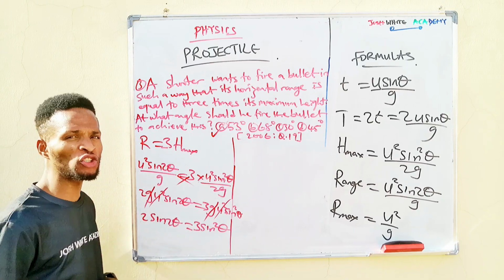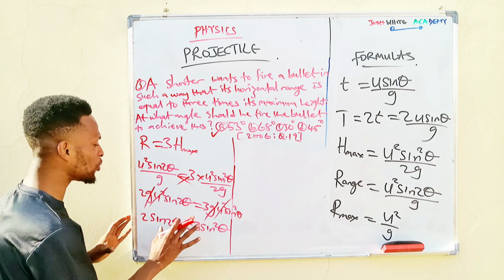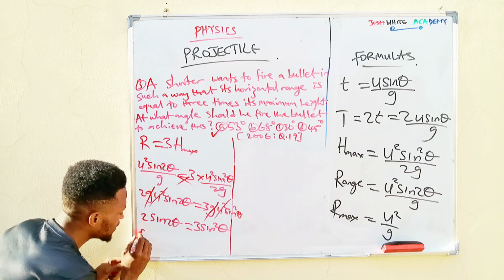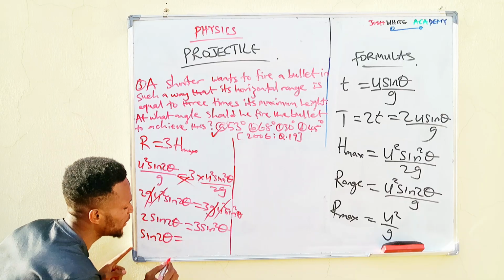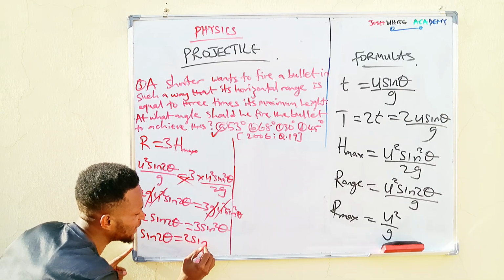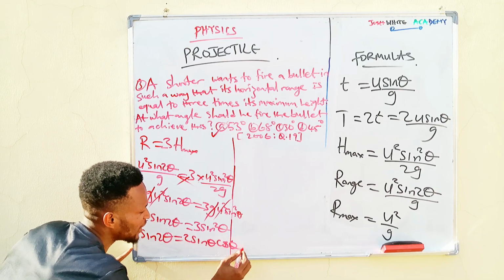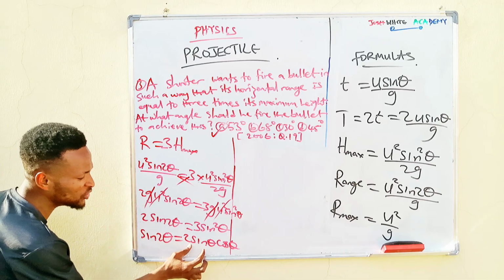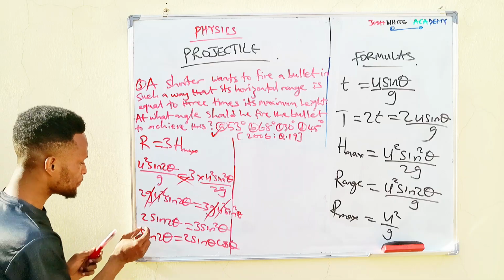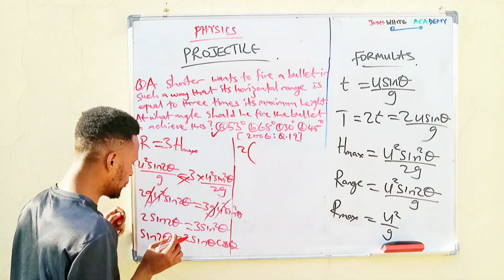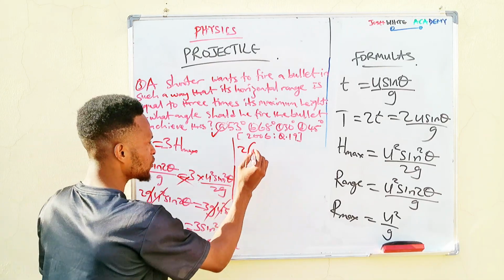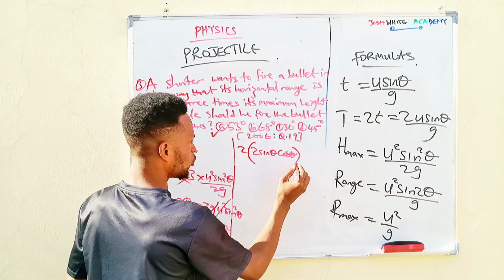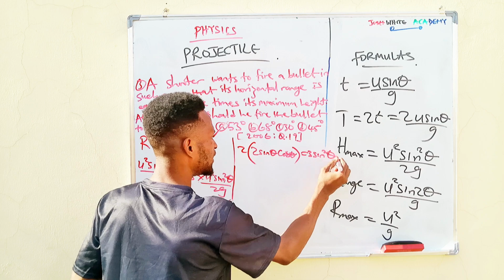For you to be able to solve this question appropriately, you need to understand a rule in trigonometry which says that sine 2 theta is equal to 2 sine theta cos theta. That means this sine 2 theta, we will replace it with 2 sine theta cos theta. So 2 open bracket, instead of sine 2 theta, we will put 2 sine theta cos theta is equal to 3 sine square theta.